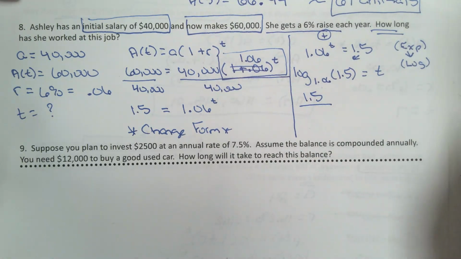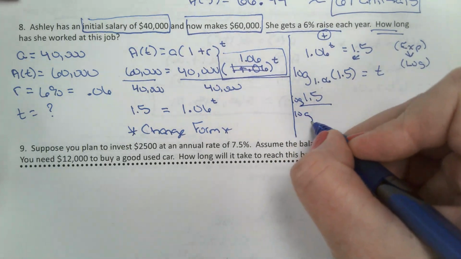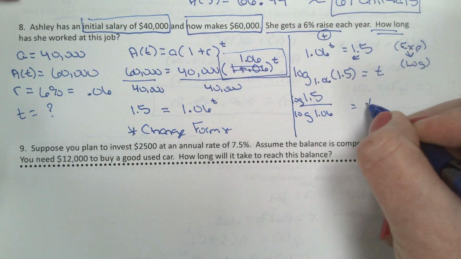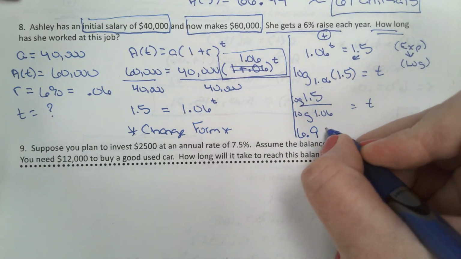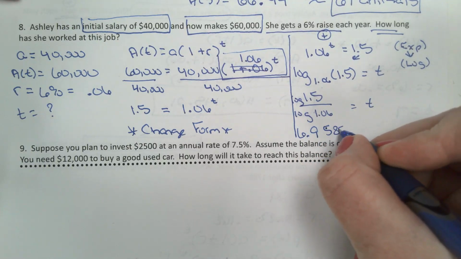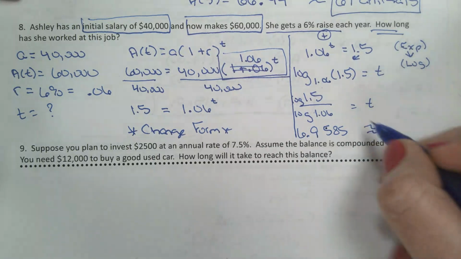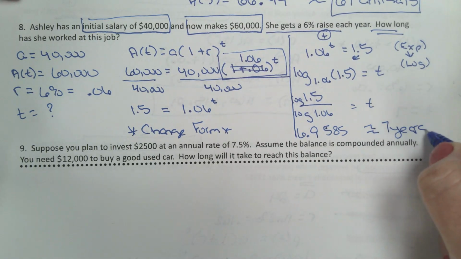So I have log 1.5 divided by log 1.06 equals t. I'm going to go log divided by log, and I got 6.9585, which rounds to about 7 years.